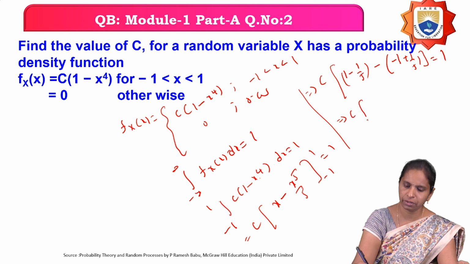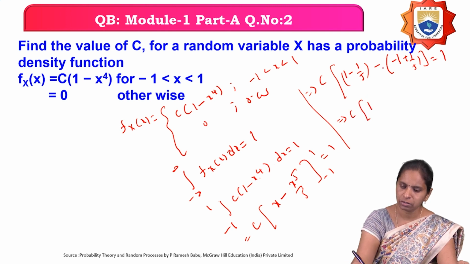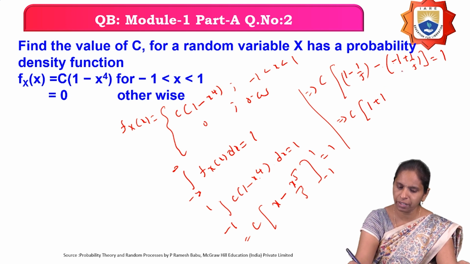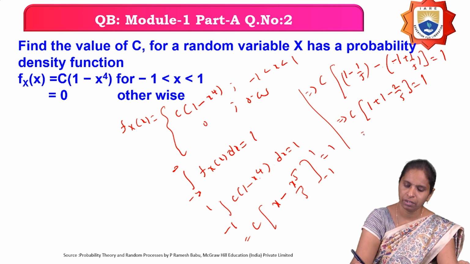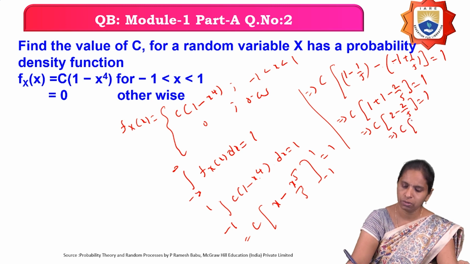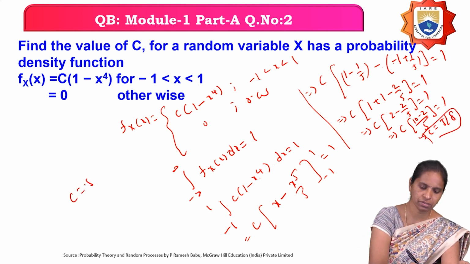It implies c into 1, so minus of minus 1 here is plus 1, so minus 1 by 5 and here minus 1 by 5, minus 2 by 5 equals 1. It implies c into 2 minus 2 by 5 equals 1. It implies c into, taking the LCM, 5 into 2, so 10 minus 2 by 5 equals 1. That implies c equals what? 5 by 8. Therefore, the value of c equals 5 by 8.